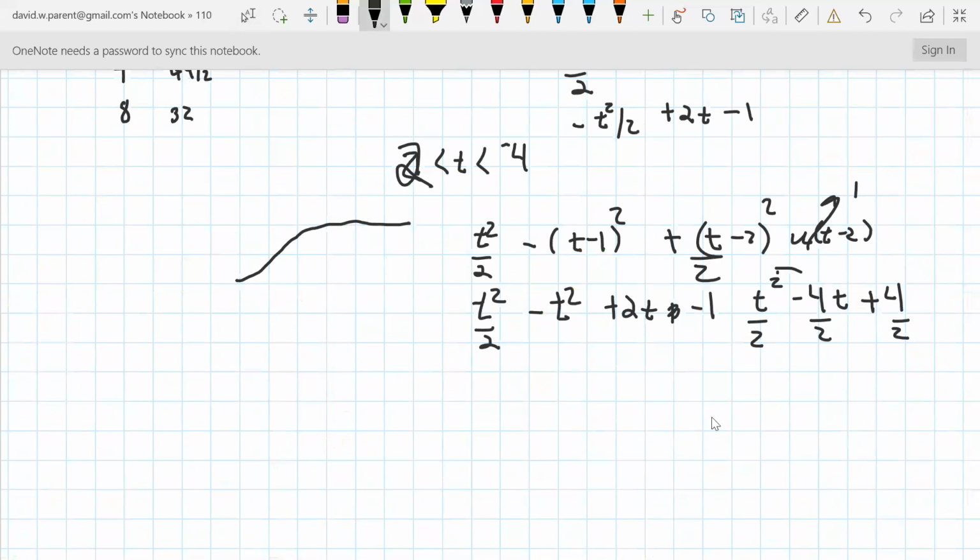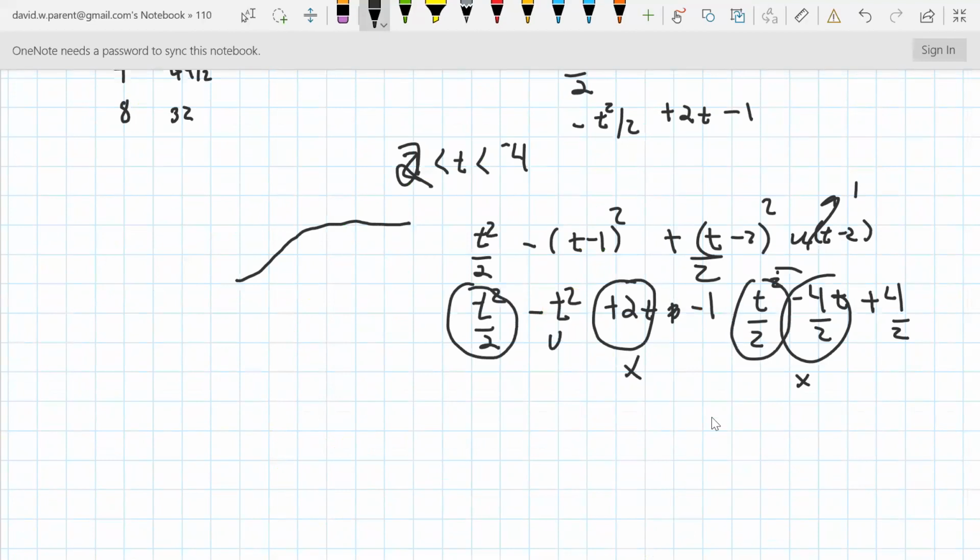And I've got to go back because I might have made a mistake somewhere, because this really should flatten. So that's 2t, that's minus 2t. That cancels out. t squared plus t squared minus t squared.